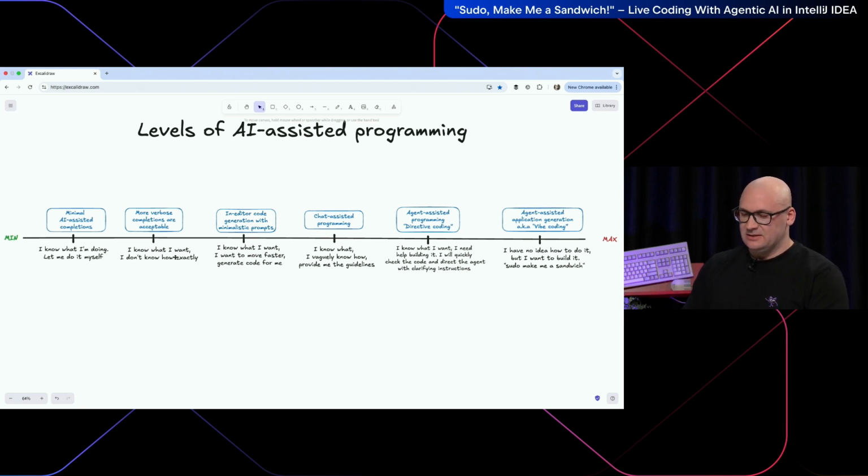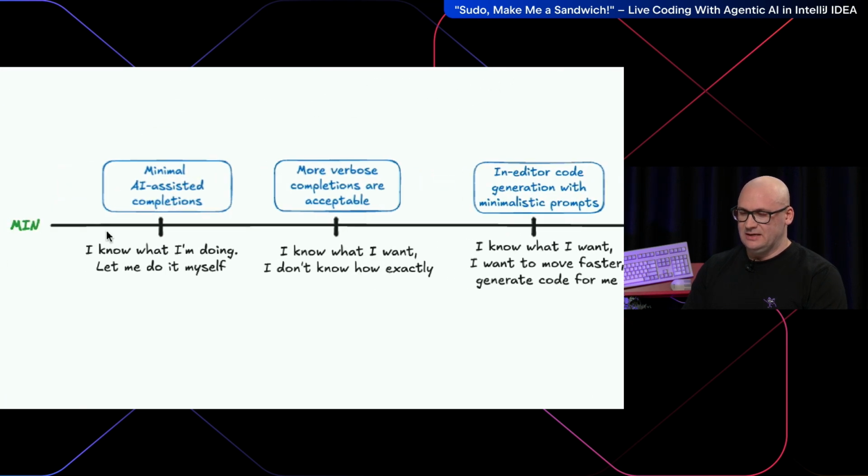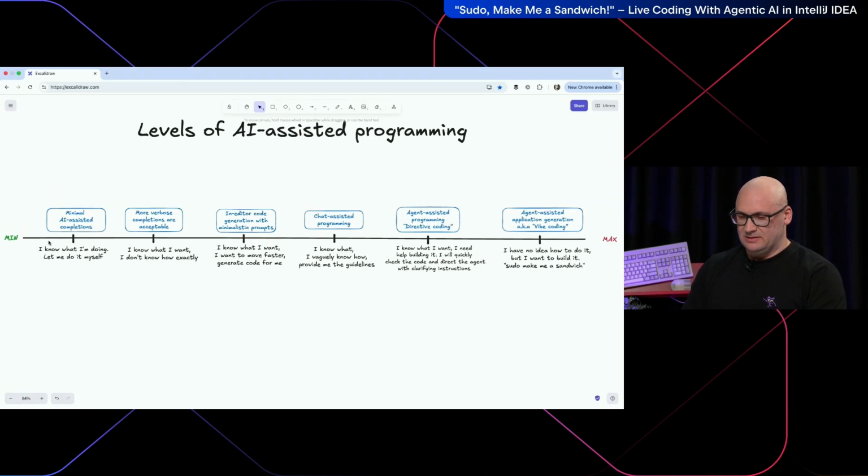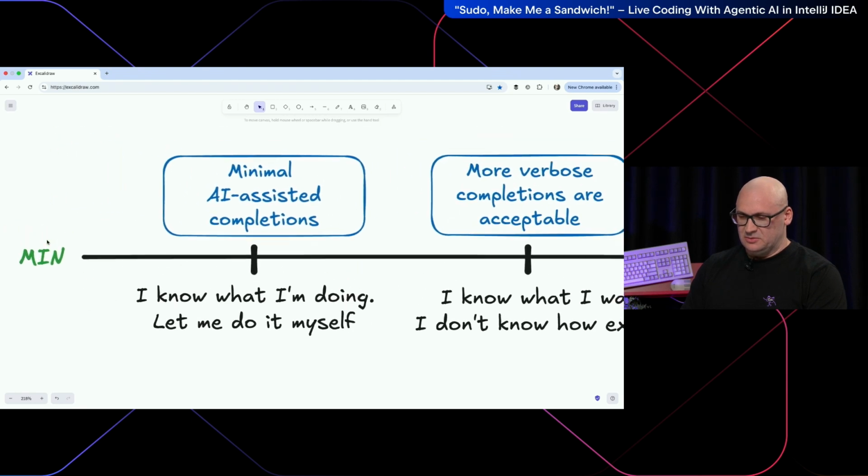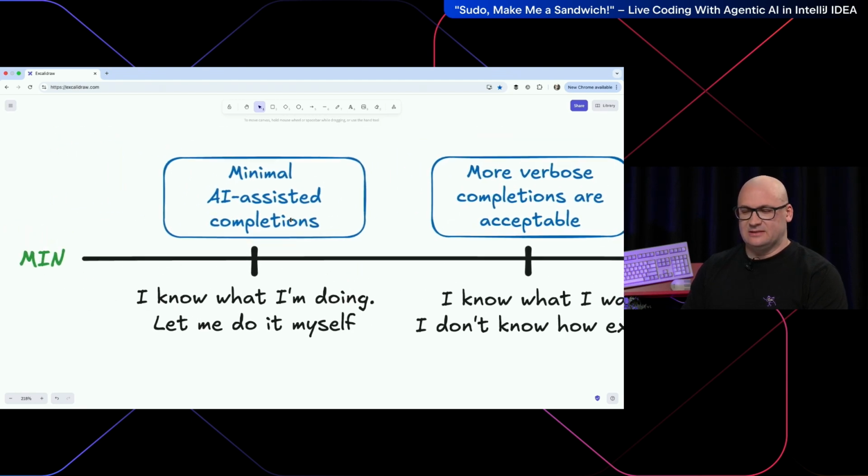And it starts with this, let me zoom in a little bit right here. So there's minimal AI-assisted completions. When you type something in the IDE, the AI-assisted completions, or those snippets that are generated for you, are mostly a few words or just a single line.